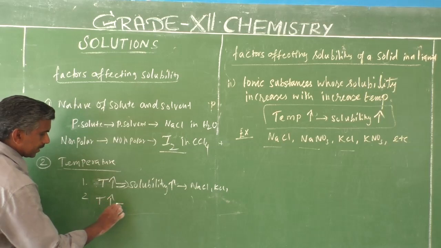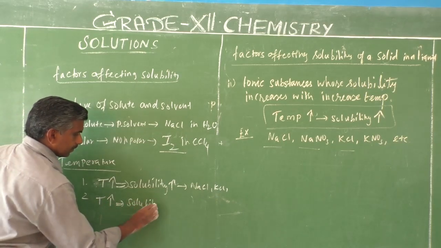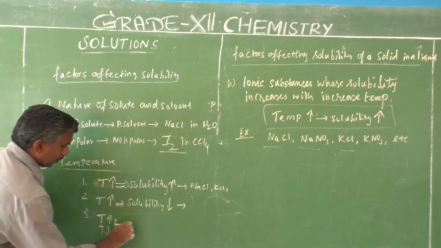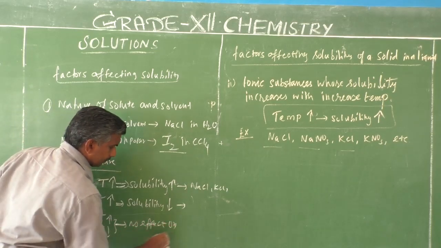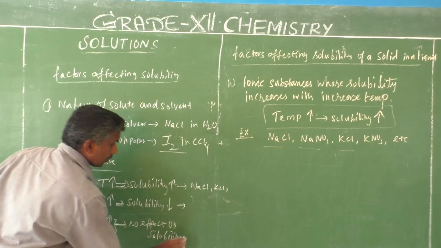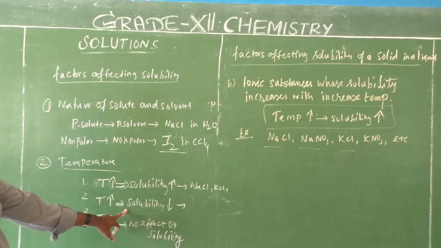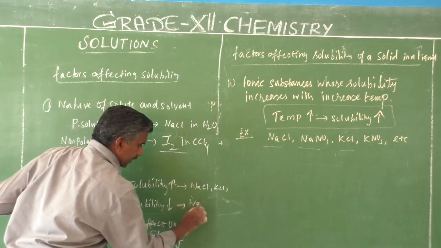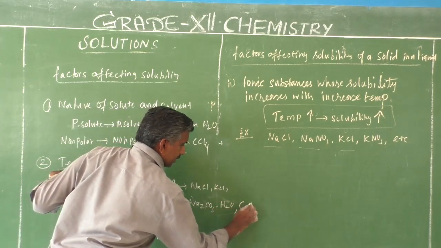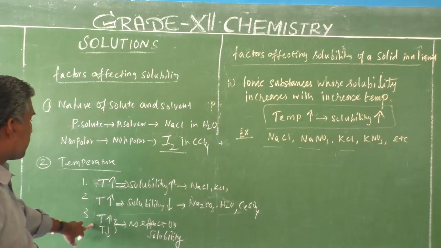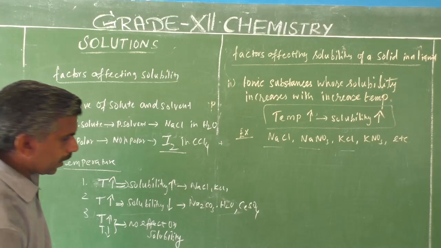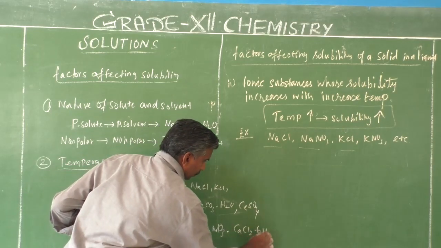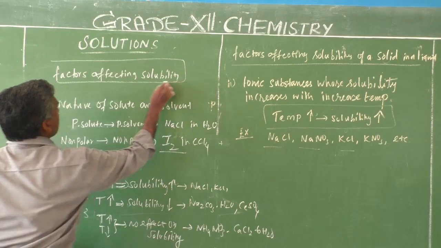Second, temperature increasing, solubility decreasing, for example sodium carbonate monohydrate, cerium sulfate, etc. Third, temperature increasing or decreasing, no effect on solubility: ammonium nitrate, calcium chloride hexahydrate.